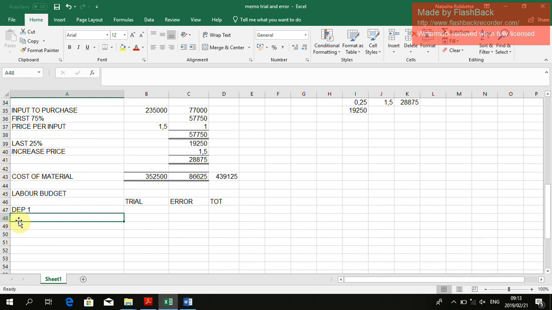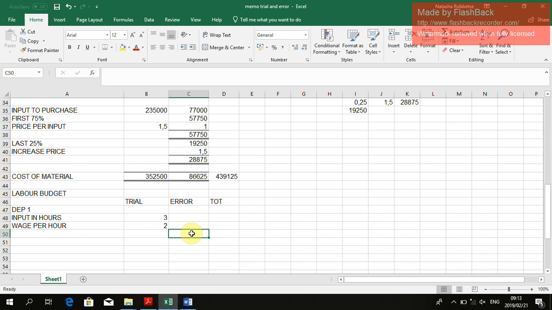So for trial, we have an input of 3 hours and a wage of R2 per hour.